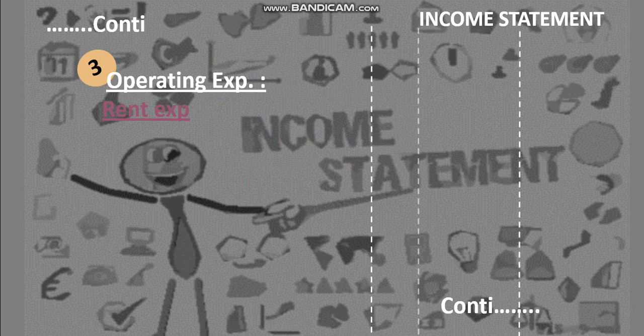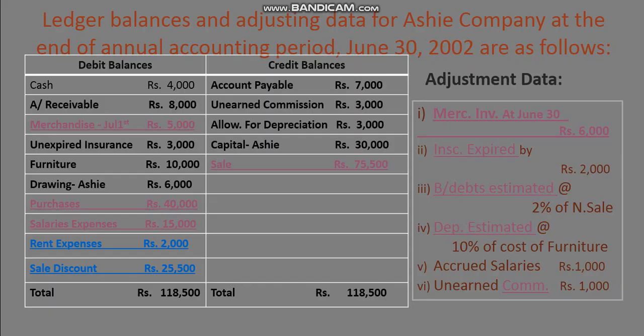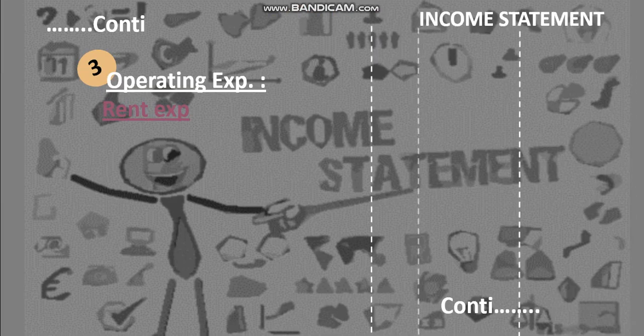The first one is rent expense. We can find the rent expense on the debit side of the ledger. Here it is 2,000, while in the adjustment data there is no data given for the rent. So rent expense will be written as 2,000 in the second column.